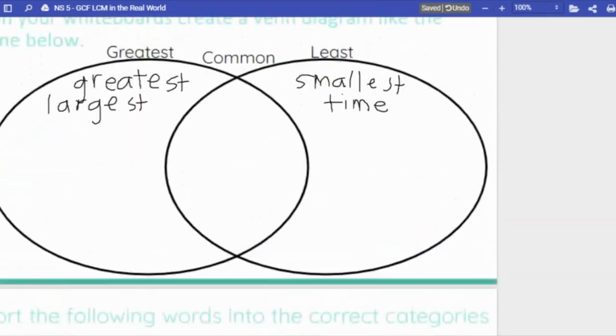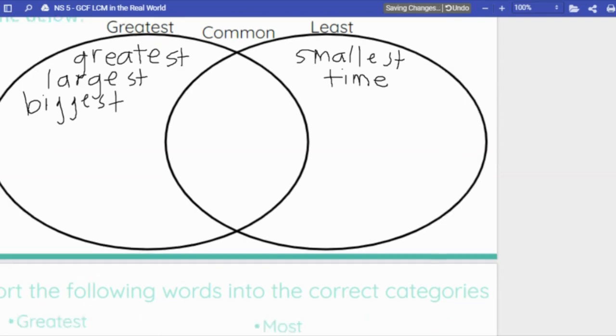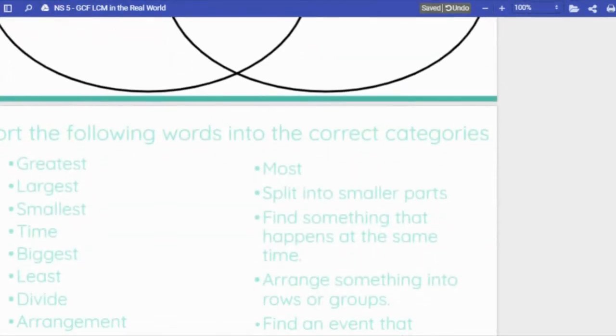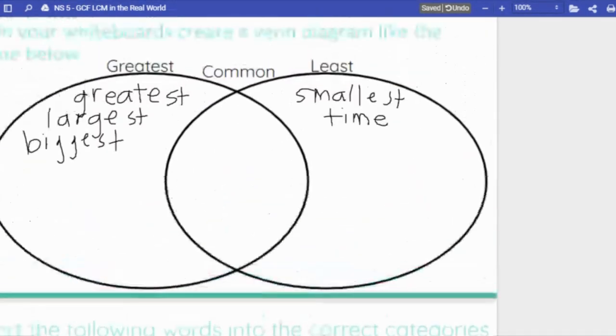Okay, our next word is biggest, and that is obviously just another synonym for greatest, largest, biggest. Okay, we have least, which is going to go in the least common multiple category.